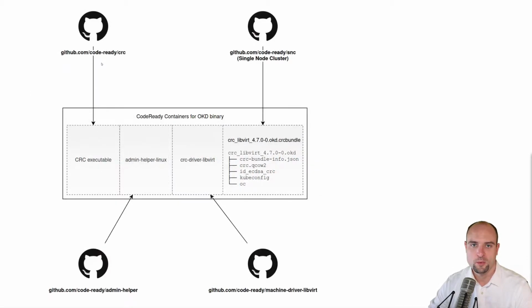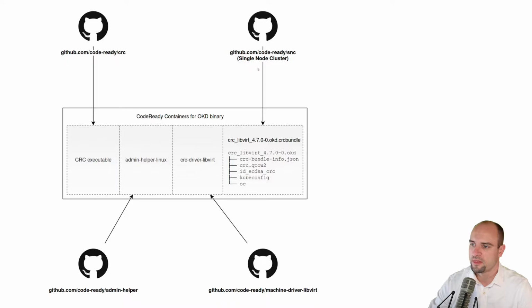Source code of the CodeReady Containers project is hosted on GitHub. You can find it at github.com under the organization code-ready. And I'm going to include all the links to the Git repositories down below the video. As you can see, each individual part of the CRC binary is built from a separate Git repository.